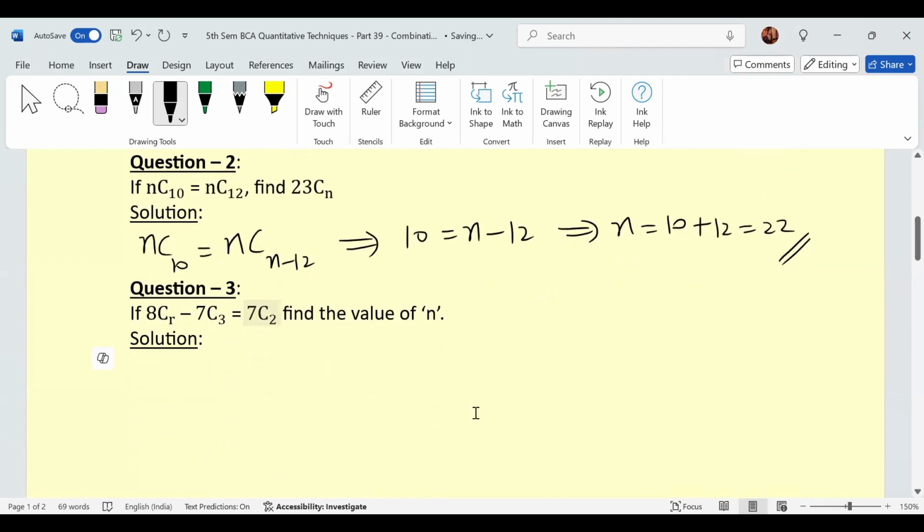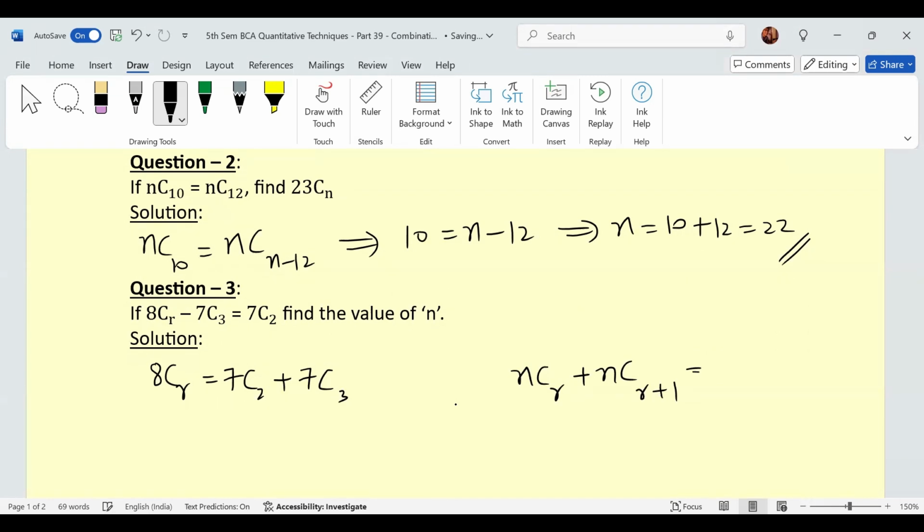If 8Cr minus 7C3 is equal to 7C2. So we will now rewrite this as 8Cr is equal to 7C2 plus 7C3. Now we have one equation, a proven one, which is nCr plus nC(r plus 1) is equal to (n plus 1)C(r plus 1).